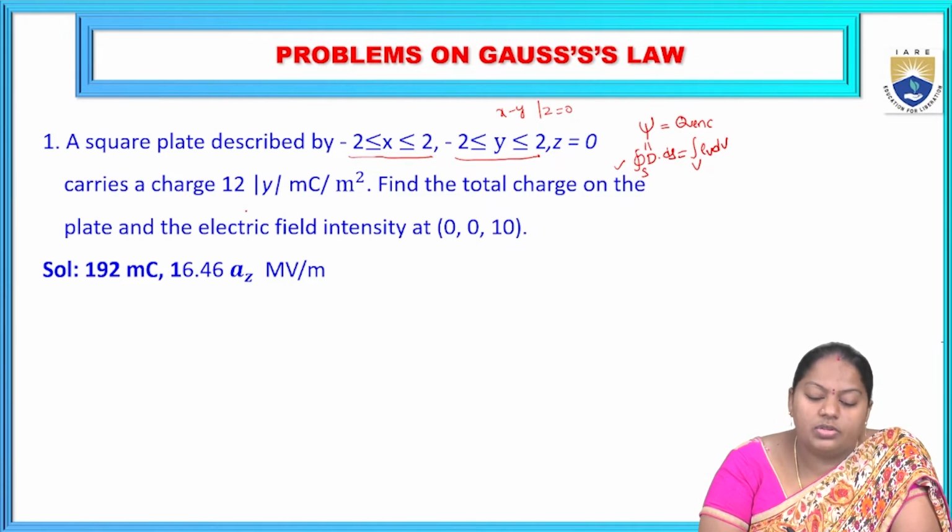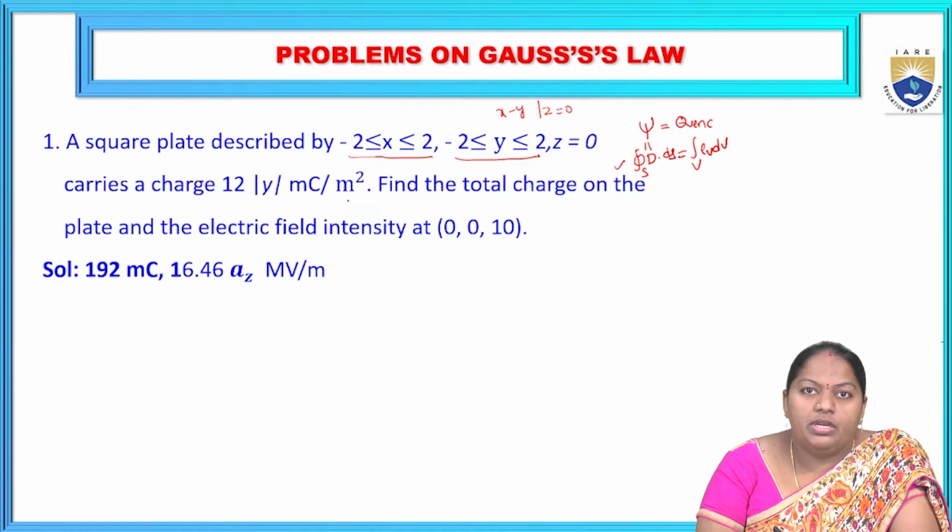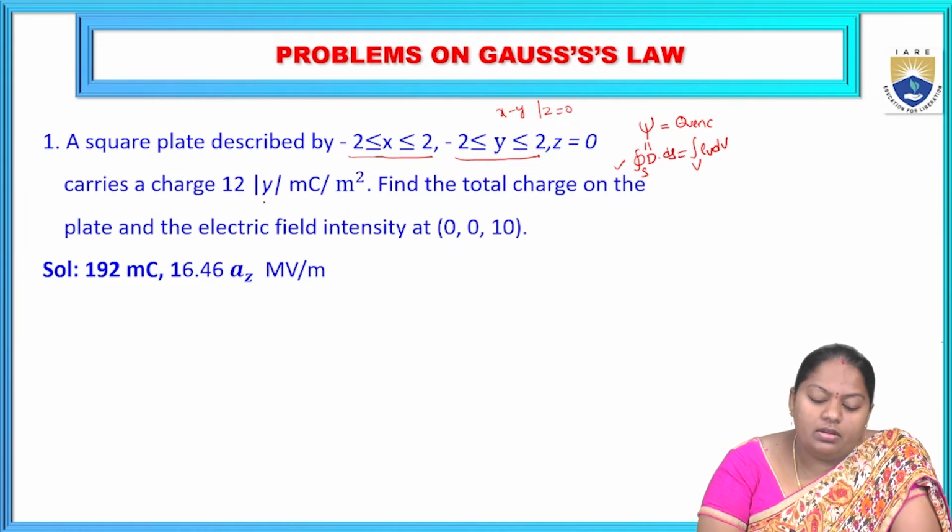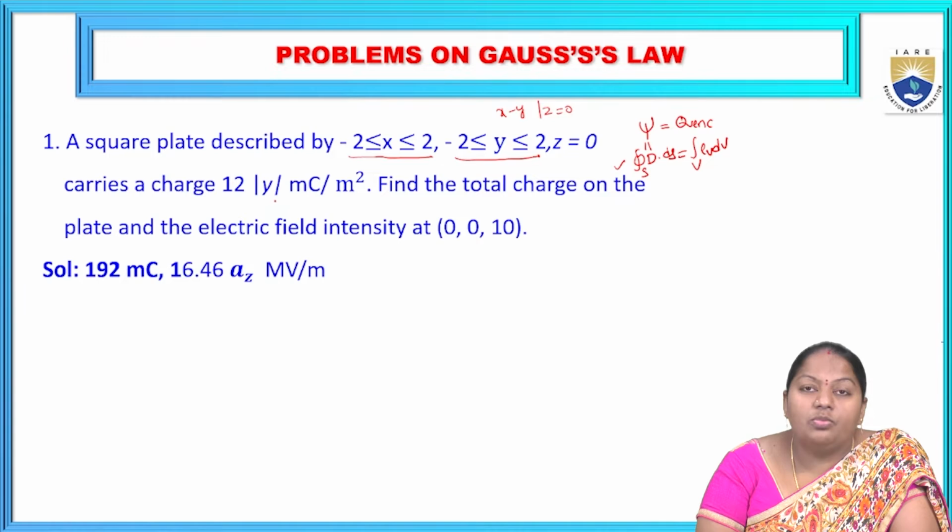The plate carries a charge of 12 times modulus of y millicoulomb per meter square. Since modulus of y is given, we consider either positive or negative values of y.